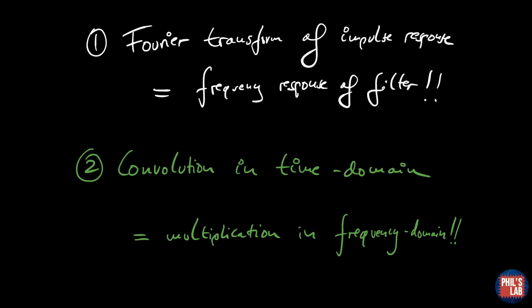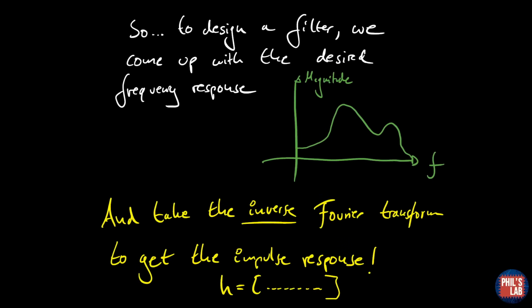And secondly, we are convolving in the time domain from the formula we saw earlier, and that is actually equivalent to multiplying in the frequency domain. So we have a certain frequency characteristic for the input signal, we have a certain frequency characteristic for the filter, we multiply them in the frequency domain, and that is the same thing as convolving in the time domain to get the output.